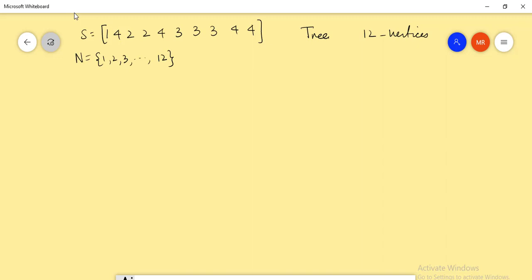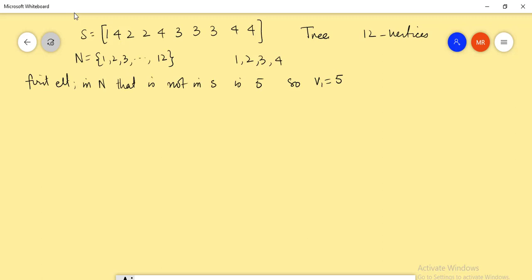Now if we look at the elements of S, the elements of S are 1, 2, 3 and 4, and we pick the first element in N that is not in S, and hence this would be 5. So we call V1 equal to 5.